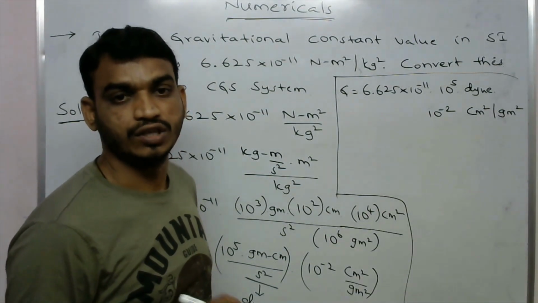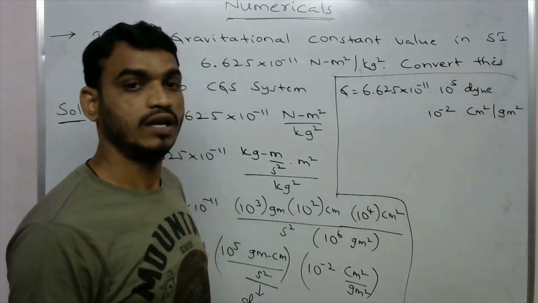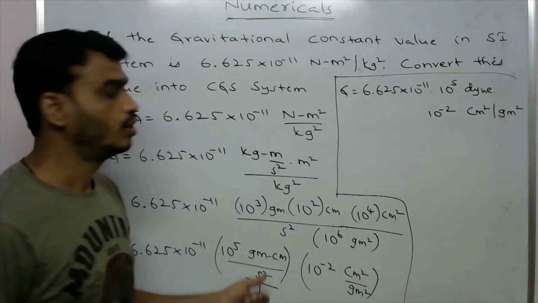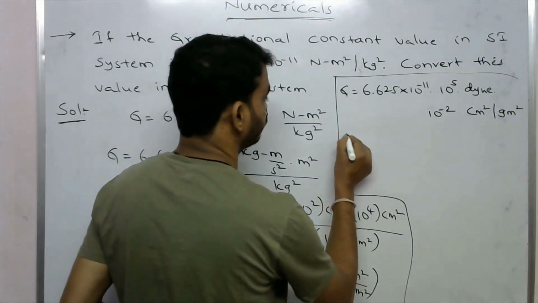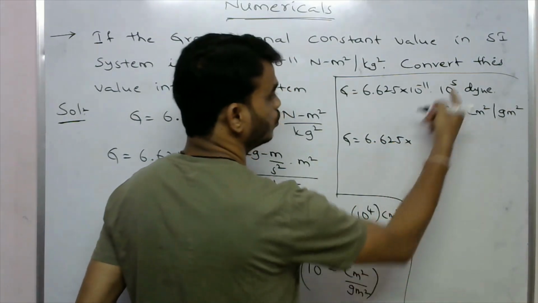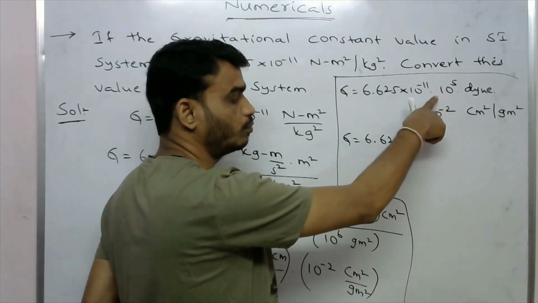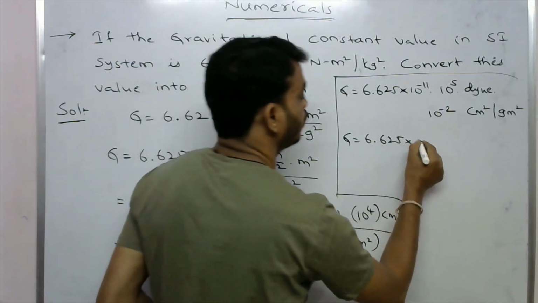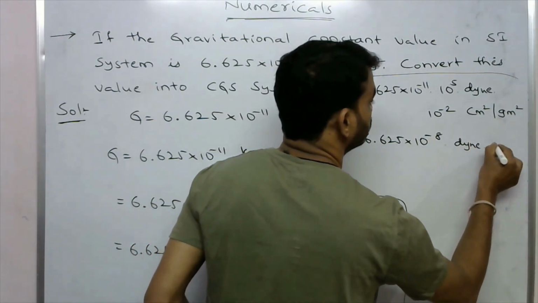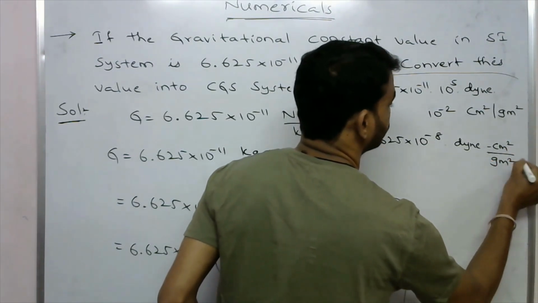So 1 Newton in the SI system is equal to 10 to the power of 5 dynes in the CGS system, or 10 to the power of 5 gram centimeter per second square. So we can write this value as G equal to 6.625 into 10 to the power of 5, 10 to the power of minus 2, 10 to the power of 3, 10 to the power of 3, 10 to the power of minus 11, which gives 10 to the power of minus 8 dyne centimeter square per gram square.